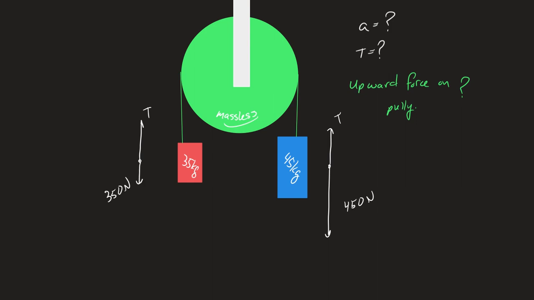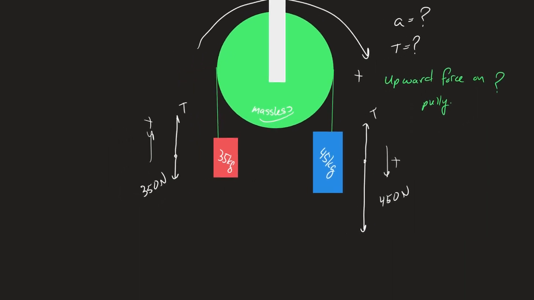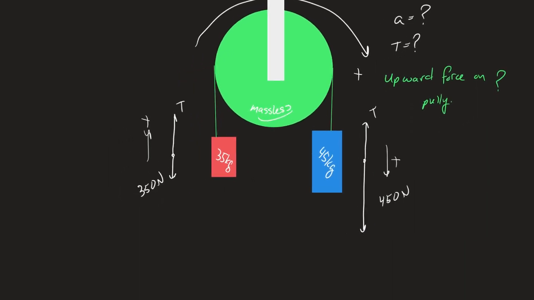I'm exaggerating it a lot to make sure we understand that the upward force of tension is the same on both sides, but in order for it to accelerate this way, this arrow has to be longer than this arrow. And this arrow has to be shorter than this arrow. This way is positive on this side, this way is positive on this side. All good? Because if you don't understand that, you need to ask.